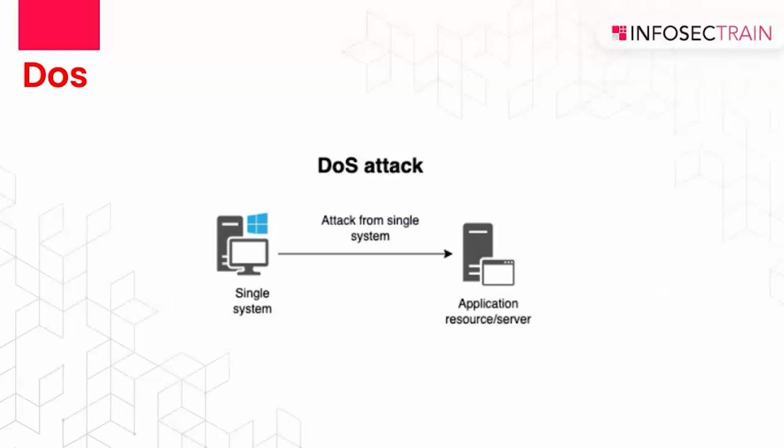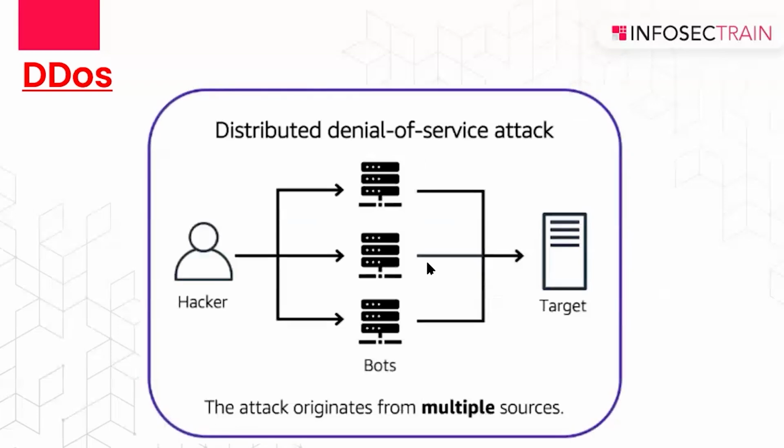So we have an advanced version of it, which is DDoS, distributed denial of service, where the attacker, before attacking the target system or server, compromises certain other systems across the globe, called bots. Then through those compromised machines, called bots, it sends malicious traffic to the target server.